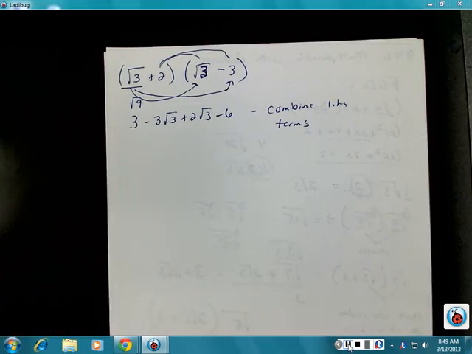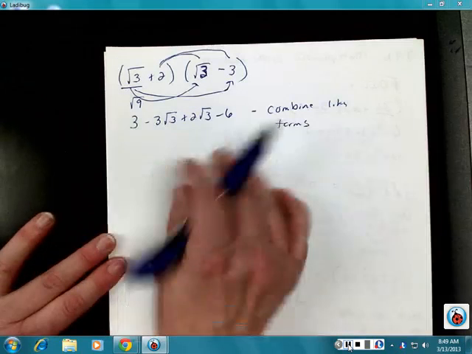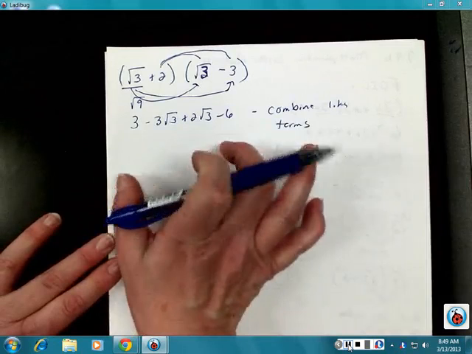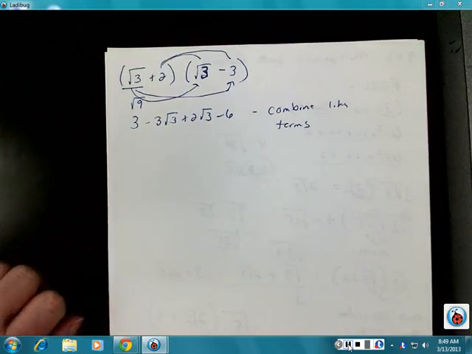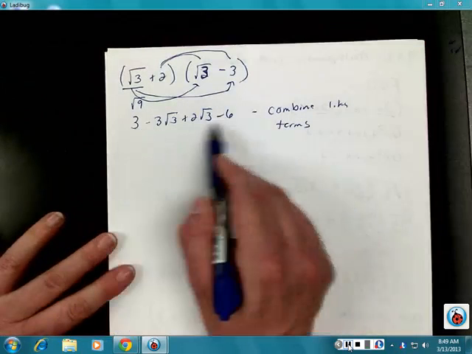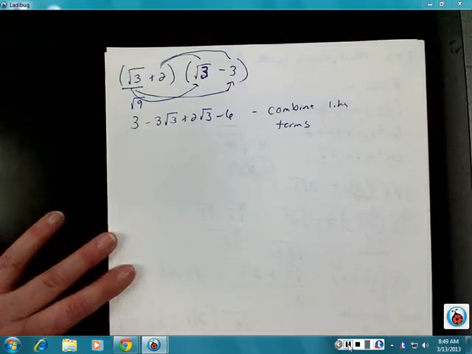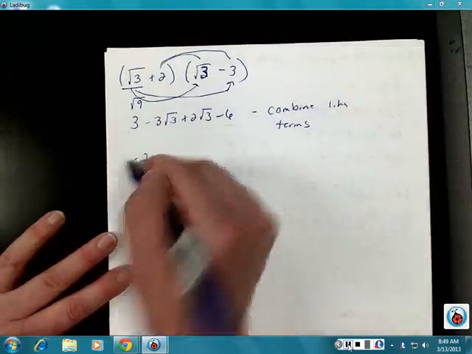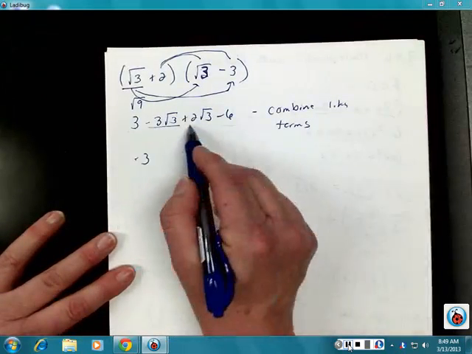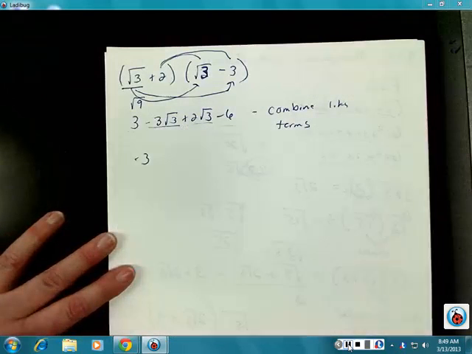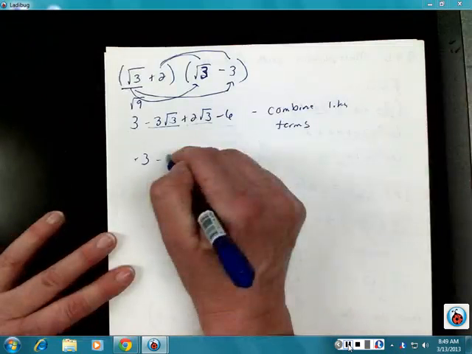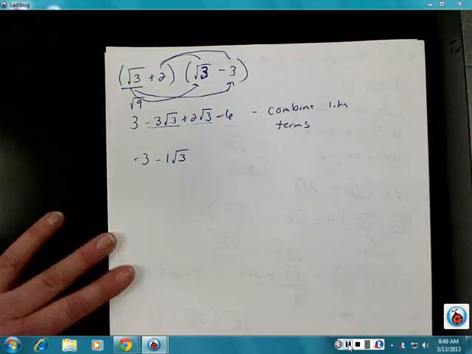That seems kind of foreign because we're used to getting a trinomial out of these, and sometimes you don't. Because 3 minus 6, these match, correct? Straight numbers. 3 minus 6 is a negative 3. Negative 3 square root of 3 and a positive 2 square root of 3 leaves me with negative 1 square root of 3. Okay?